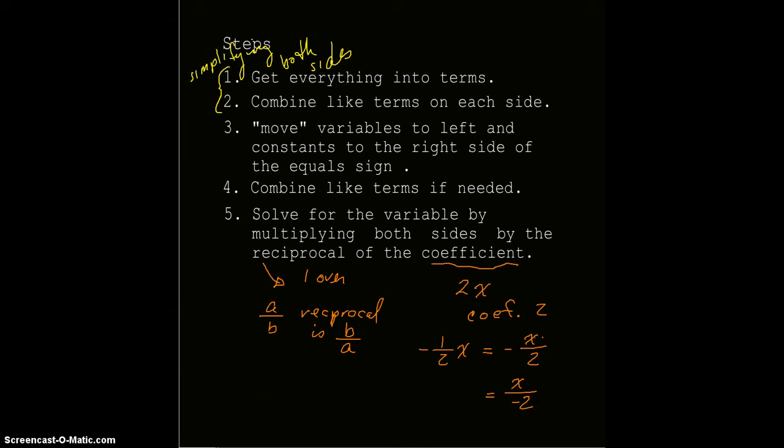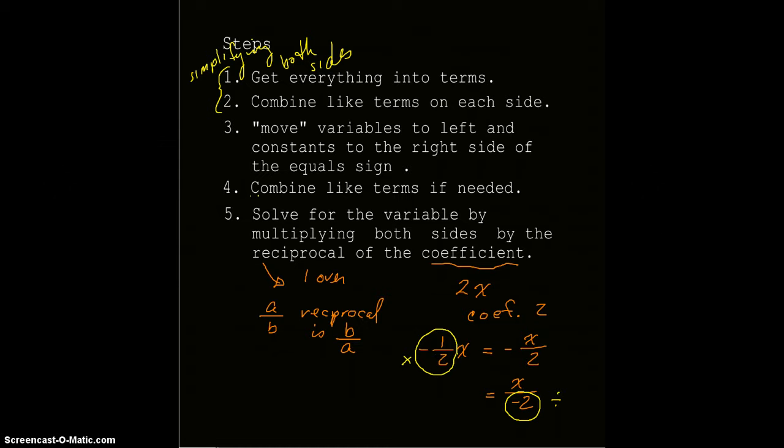And when you think about this, I want you to remember that multiplying by negative 1/2 is the same as dividing by its reciprocal. So here I'm dividing by negative 2. Here I'm multiplying by negative 1/2, and we end up with the same result.